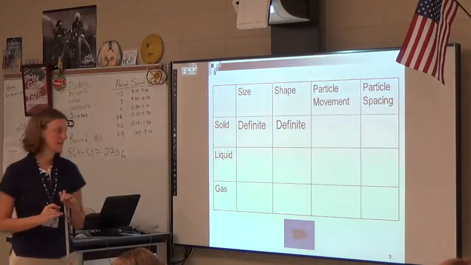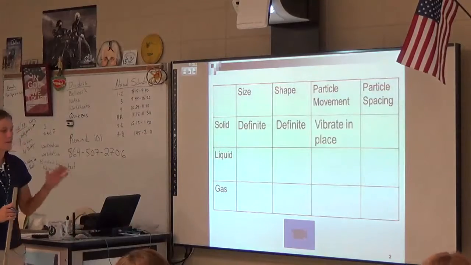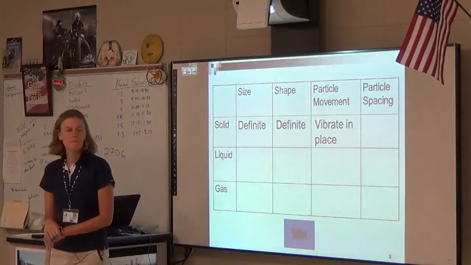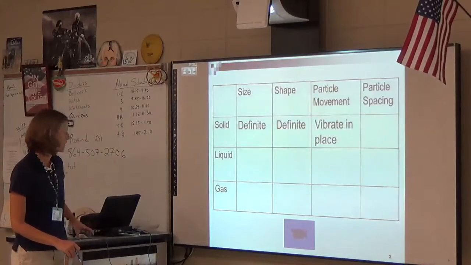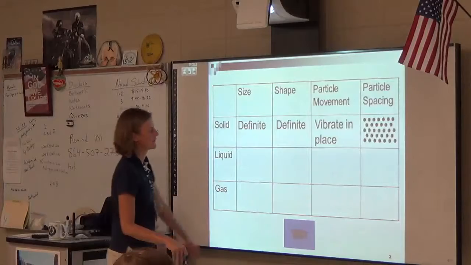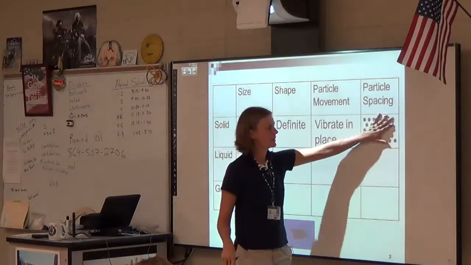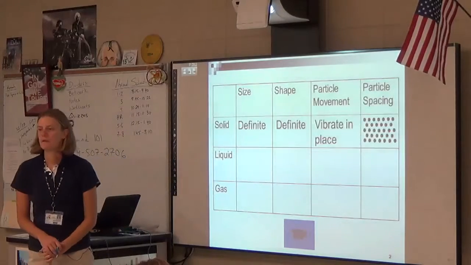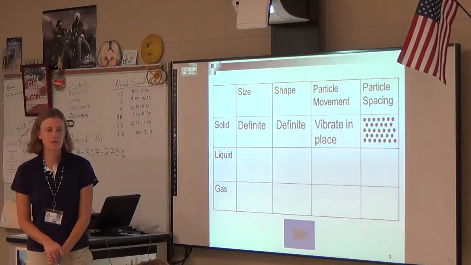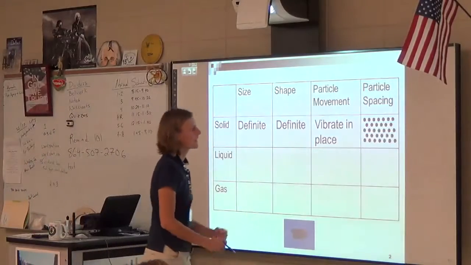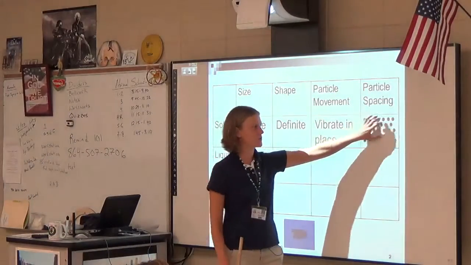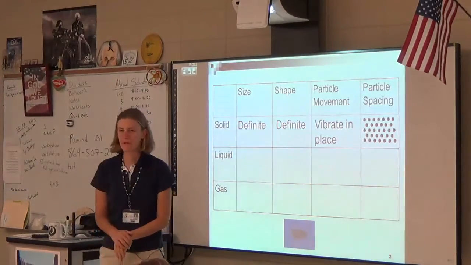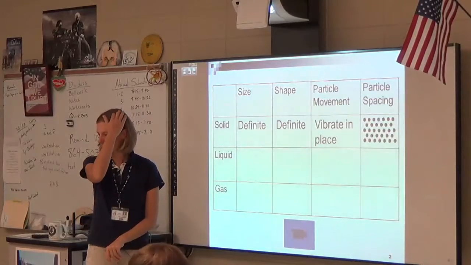They're sort of set in place, but they do vibrate back and forth. And our particle spacing, you don't have to draw this many dots, but it's tightly packed. That's how we would define a solid. The particles in a solid are closer together than the other two. And in many cases, sort of in a pattern, maybe a crystalline structure, but often in a pattern, not random.